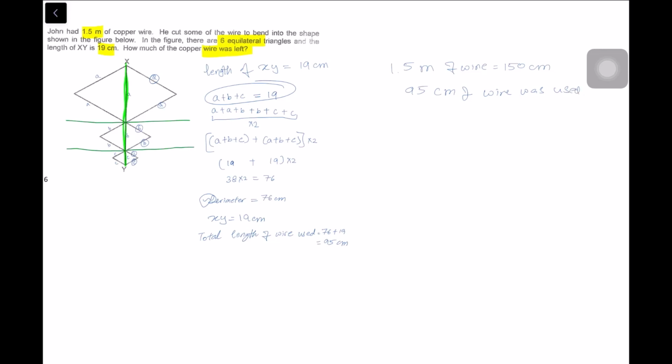So this means that he has a total of 150 minus 95 centimeters of wire unused, which gives us 55 centimeters. So therefore he has 55 centimeters of wire unused. So your answer is 55 centimeters.